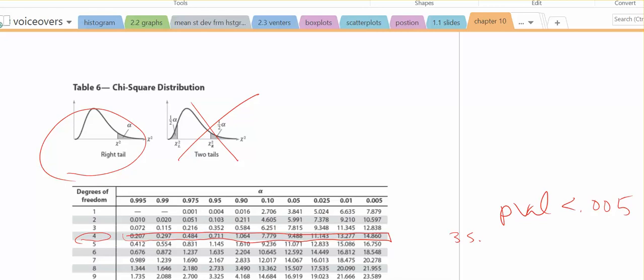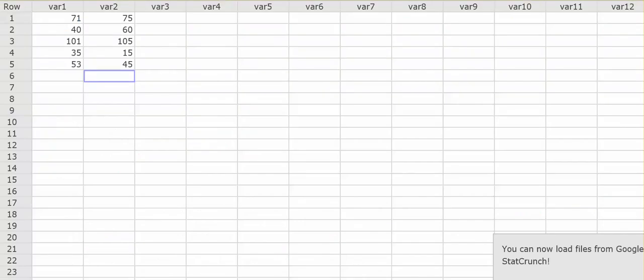Okay, let me show you how to do this in StatCrunch then. So if you want to pause the video and open up StatCrunch, I'll show you real fast how you can do it there. Okay, so in order to use StatCrunch, you need one column with your observed values and the other column with your expected values.